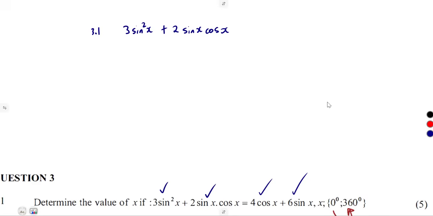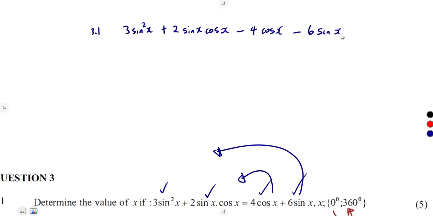So I'm going to take the right hand side to the left. So it's going to be minus 4 cos of x. The positive 6 sine of x to the left hand side is going to be minus 6 sine of x. So meaning to say, on the right hand side, we are left with nothing. That's a 0 there.